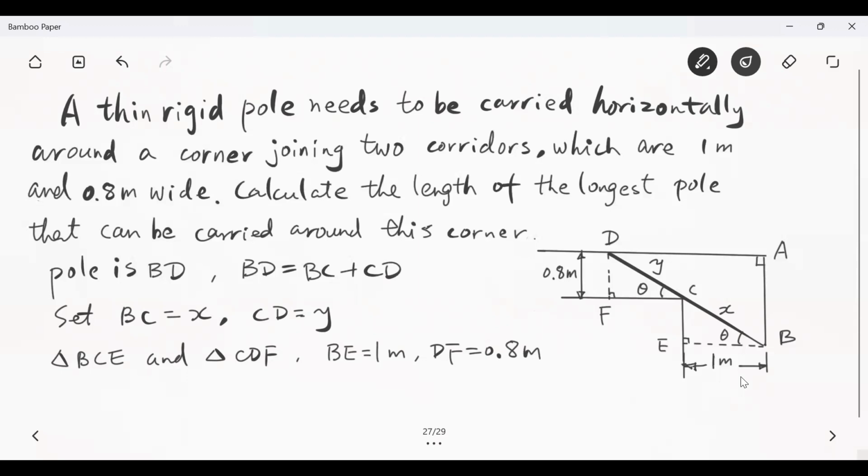In triangle BCE, we set the angle theta, and BE is the adjacent side for theta, right? So we can list the equation.